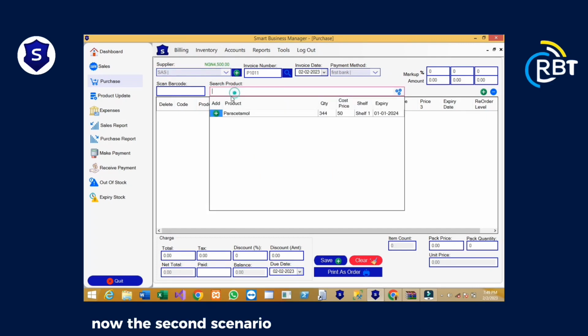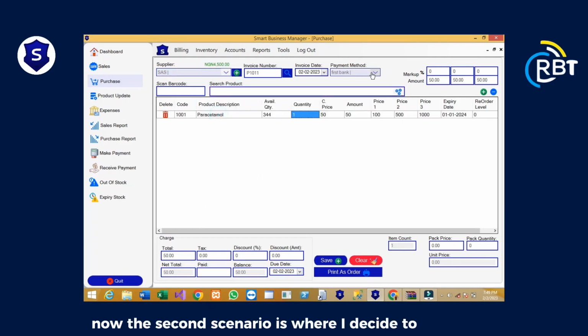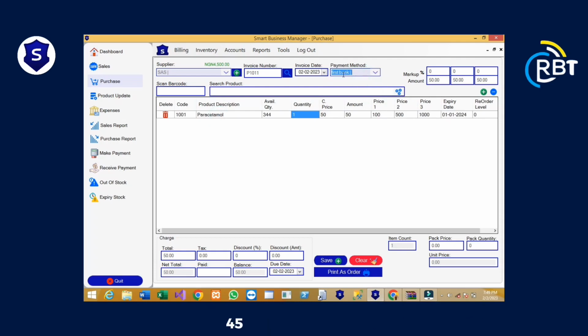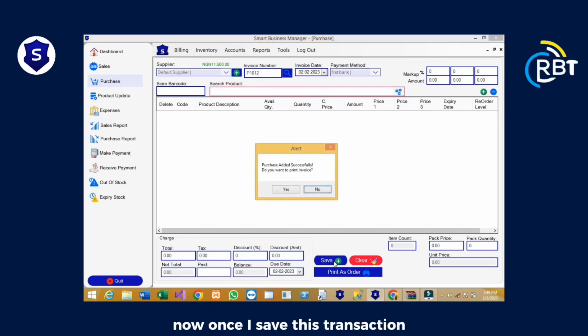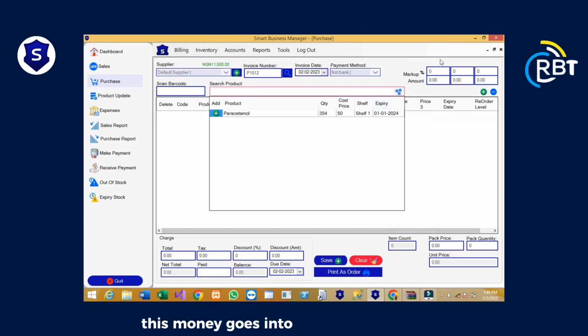Now the second scenario is where I decide to pay, right, with my first bank. Remember my first bank had 4,541, right? So I'm buying just 10 pieces of this, that's 500, and I'm paying 500 with my First Bank. Now once I save this transaction, this money goes out of my First Bank again.